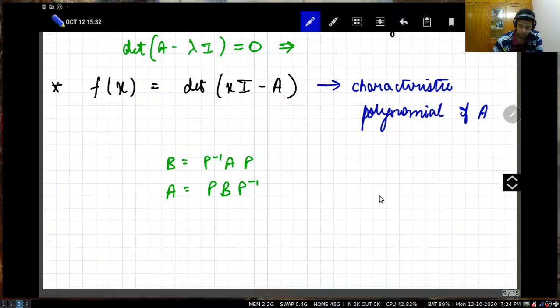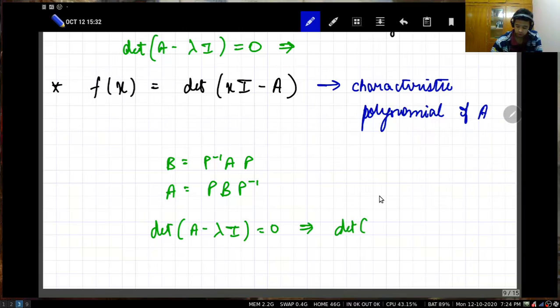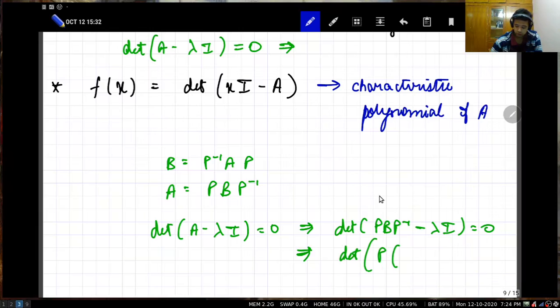Okay, and we also know that the determinant of A minus lambda times I is equal to 0. So this means that the determinant of P times B minus lambda I times P inverse is equal to 0, because I can be written as P times P inverse.